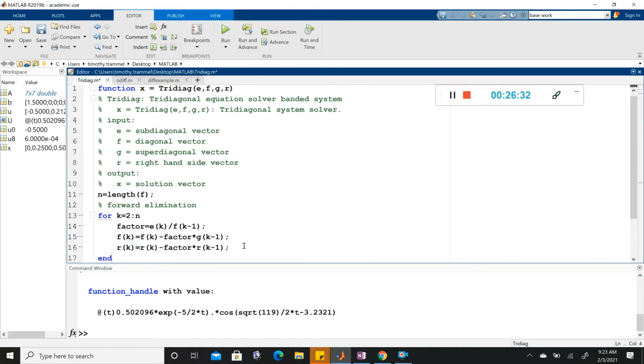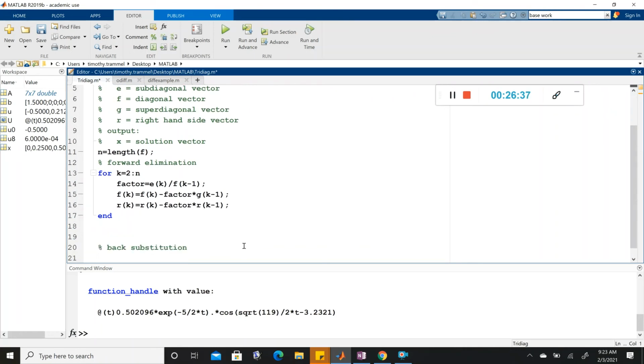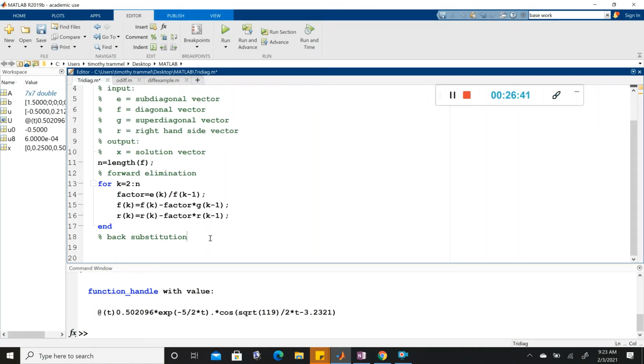Let's go ahead and end it. And now we want to perform our back substitution. Remember, the first one that we got was actually x sub 4, or in our general case here, x of n. And that was found by just taking the last r value and dividing it by the last f value.